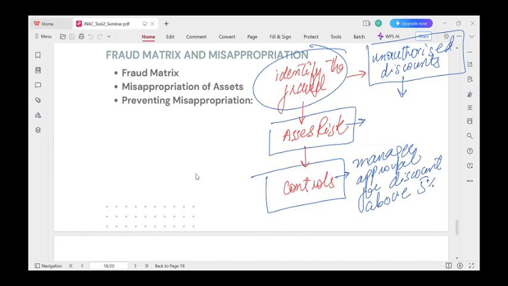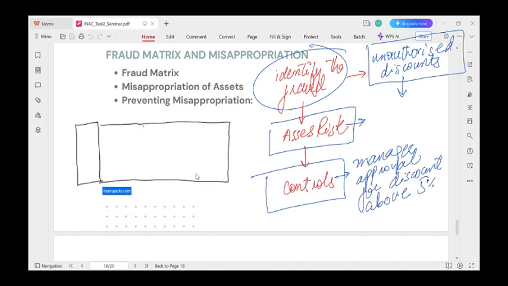So on one side, we are going to take likelihood, or we can say probability.